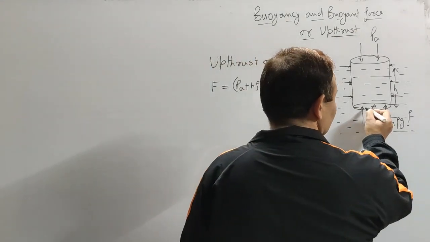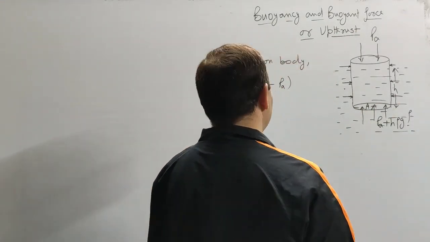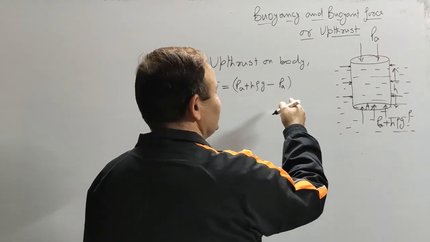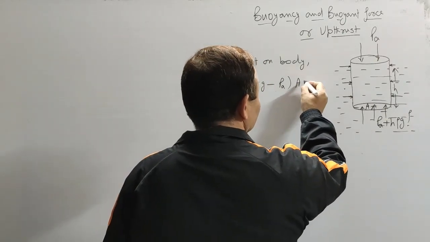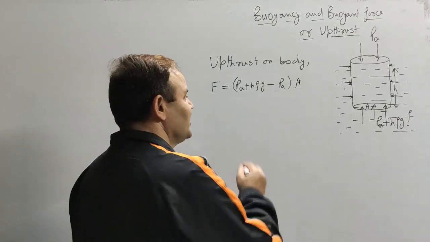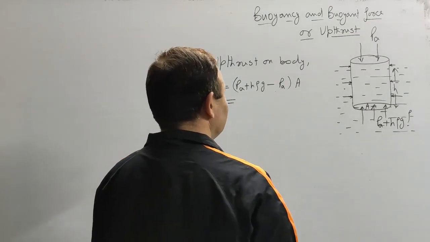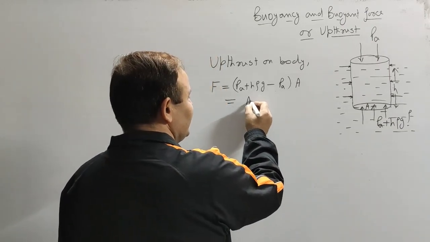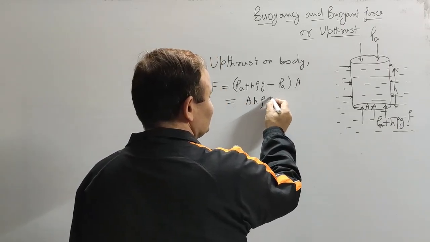If the area of cross section of the body is A, then (PA plus H rho G minus PA) into A will be the upthrust. PA will be cancelled by PA, so the upthrust will remain A H rho G.